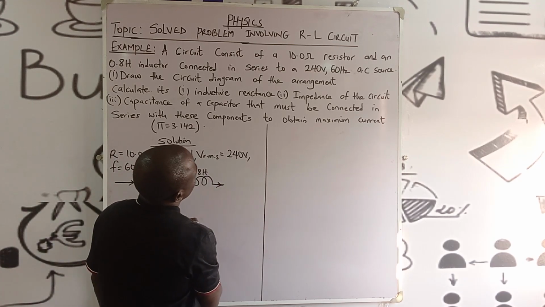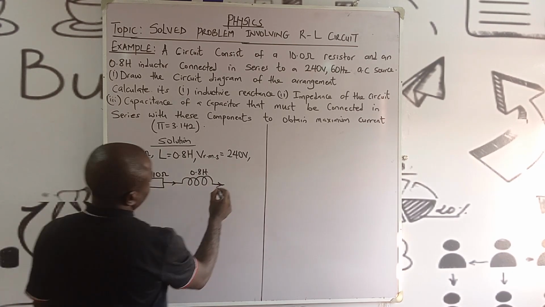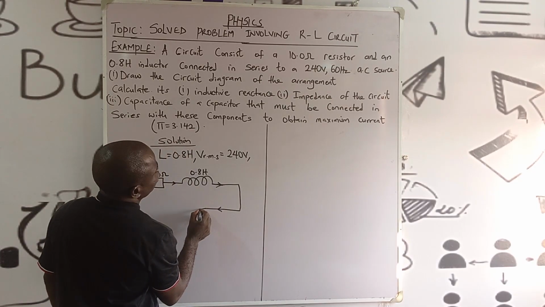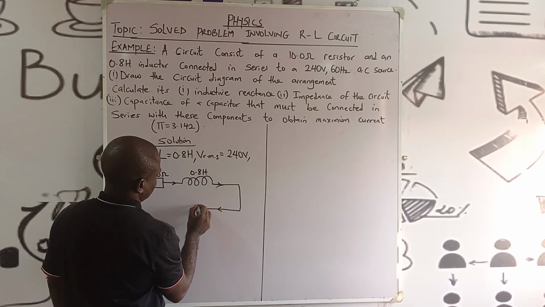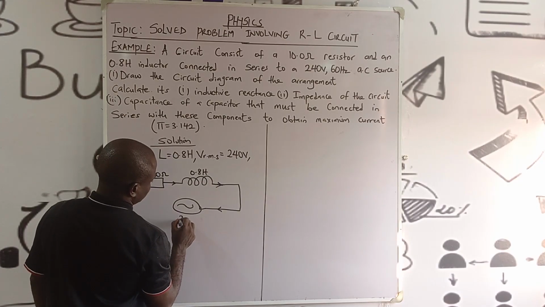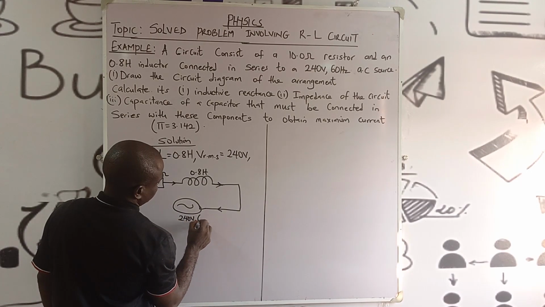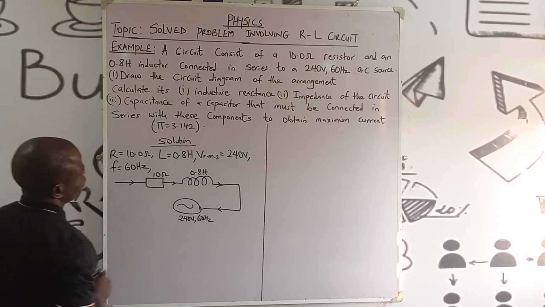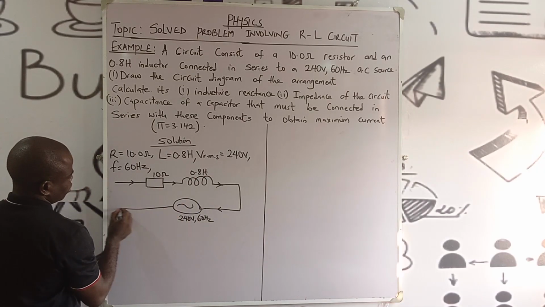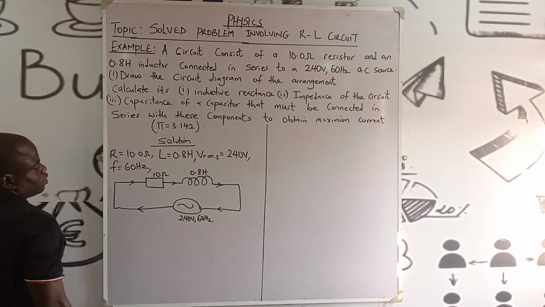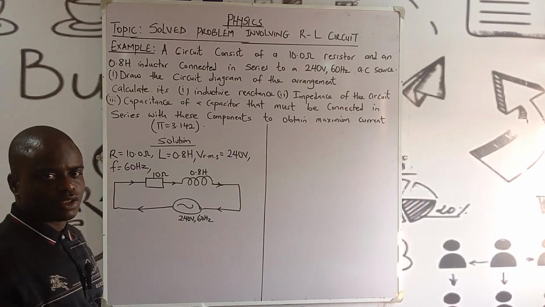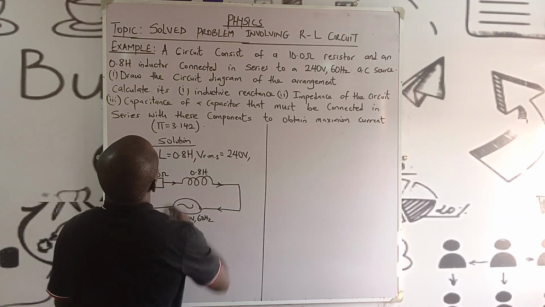It is connected in series to the 240 volts, 60 Hz AC source, the symbol of an AC source. The current goes back to this. That's how it's going to move in one loop. There's no division of the current because it's connected in series.